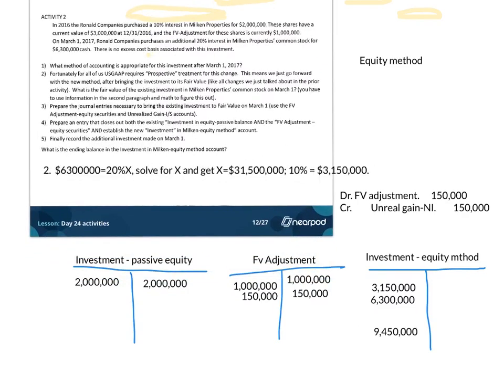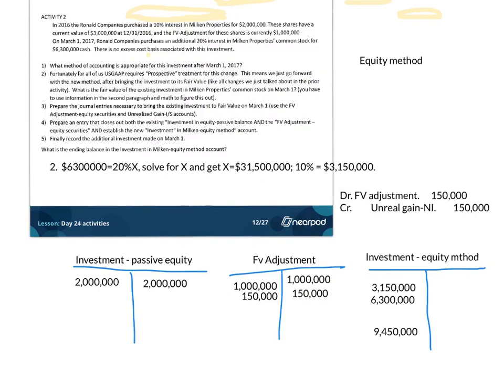We said that 100% of the company was worth $31,500,000. If I take 30% of this number, it better be this number, and it is. Go ahead and test that yourself. 31,500,000 times 30%. You're going to get 9,450,000, which makes sense. We bought 20% of the company. GAAP says we have to record it at fair value, so it should equal the total 30%.